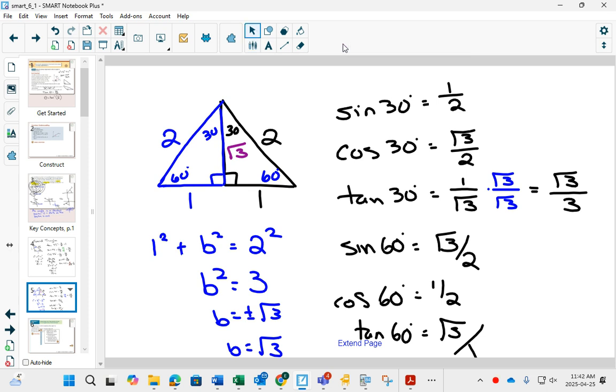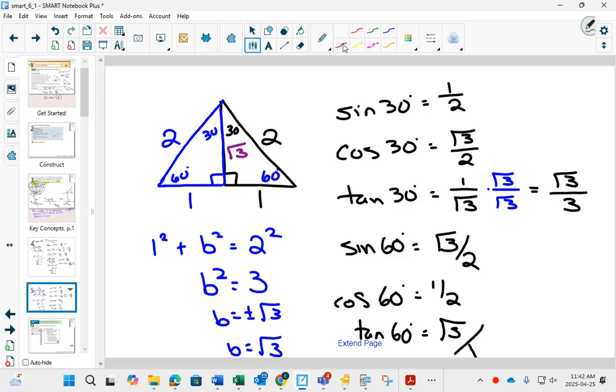So again, you have to know all 6 of these without your calculator, which you can do by knowing one triangle. If you know the one special triangle, then you can figure out all 6. Or you can just remember all 6 of them.